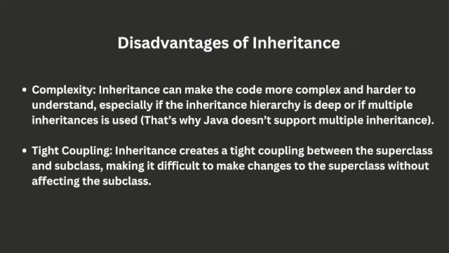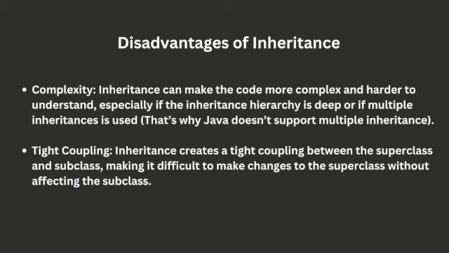But there are also disadvantages of inheritance. Let's say we have quite a big code base; it can lead to complexity, because when there is a huge amount of code, it is difficult to understand every part, and even if a single change is made, we have to test the entire code, because the existing code should not break.